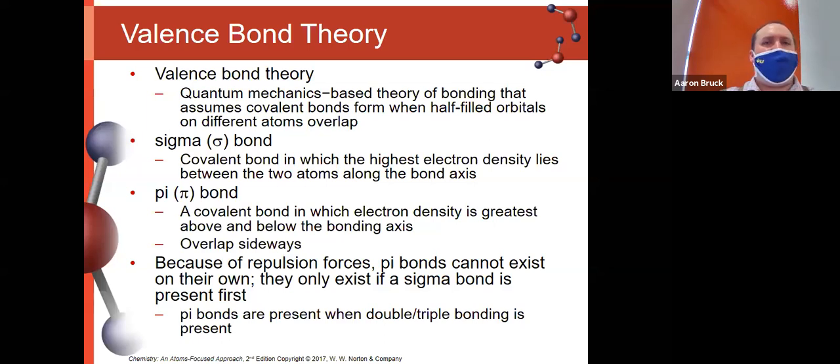So even in pi bonding, we're going to see orientations to try to minimize some of that repulsion. But it always starts with that sigma bond. The sigma bond is the foundation of the chemical covalent bond. If more bonds are necessary, they can be added in as pi bonds. And we see pi bonding occurring with p orbitals in particular.